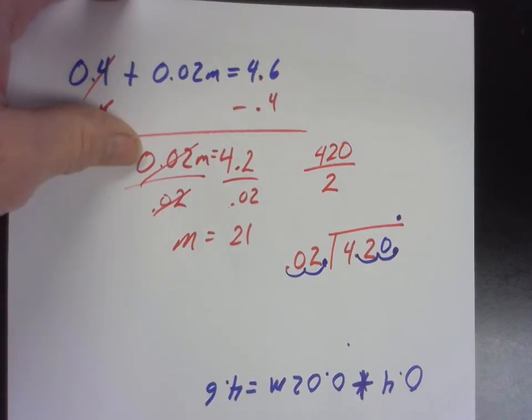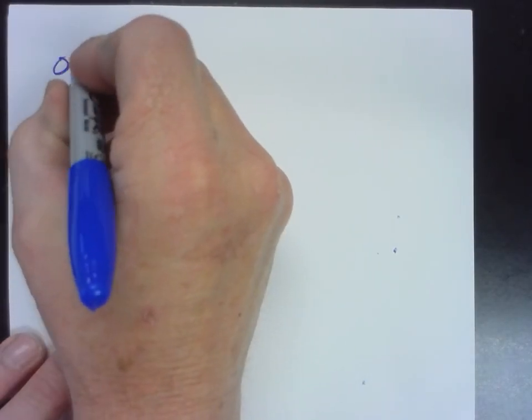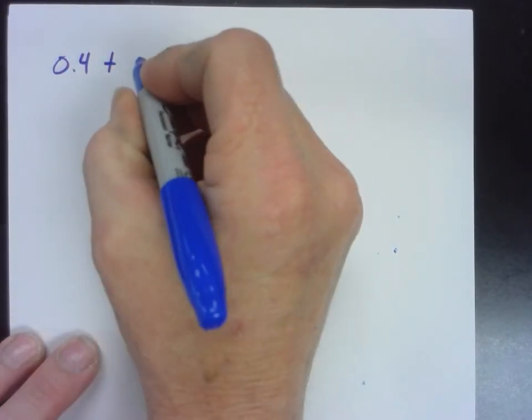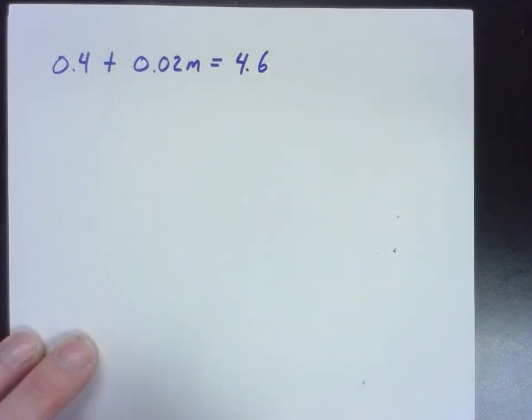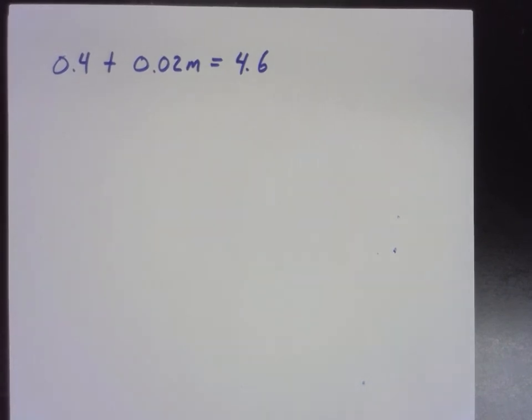I'm going to show you a little trick here. Plus this time. If you don't like dealing with the decimals, we can get rid of them right now. Okay. Can we like times it in?